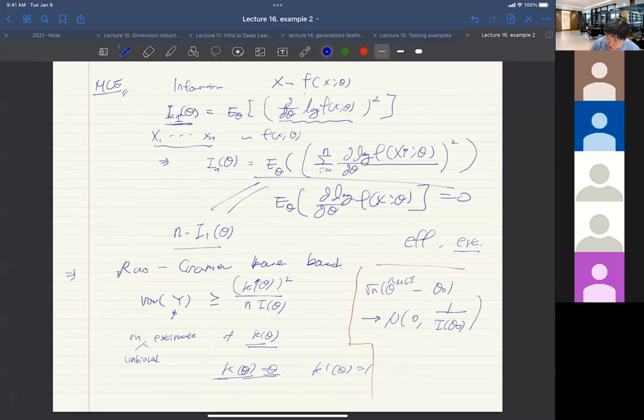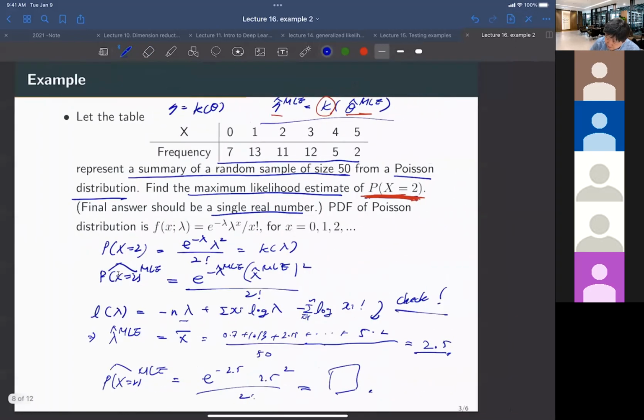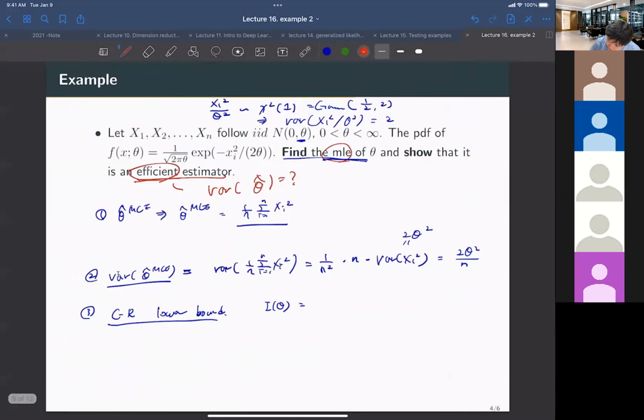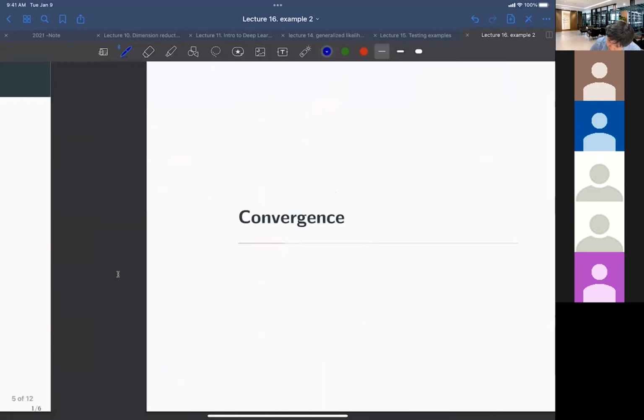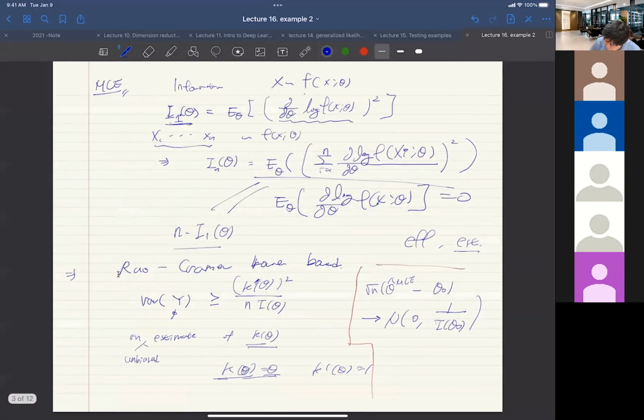We anyway need to find the log likelihood, so let's calculate it. In the Cramer-Rao lower bound, I of theta is computed using one component, so I'm going to calculate this information for one component.